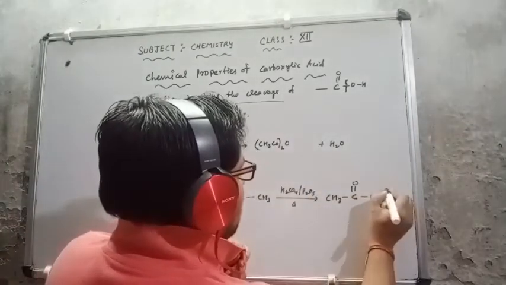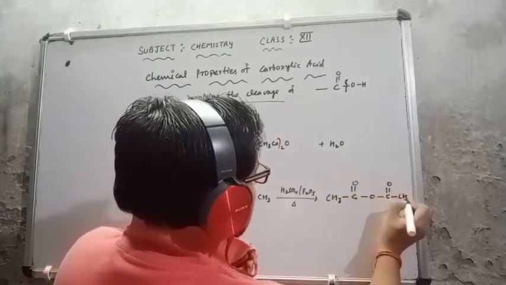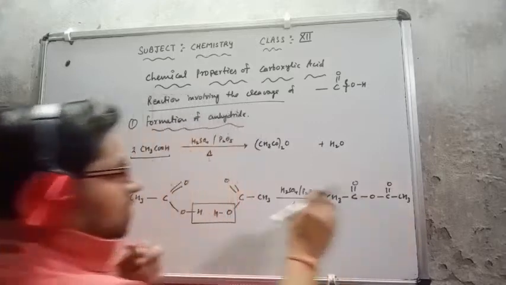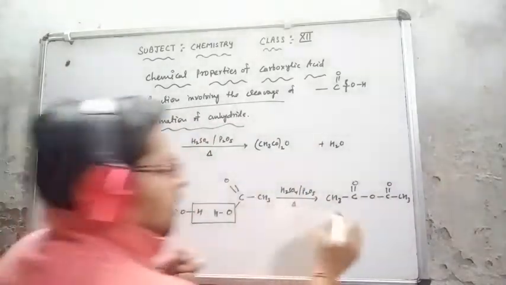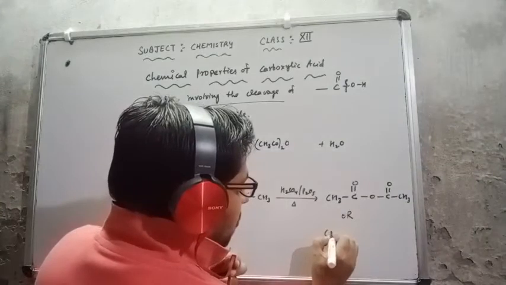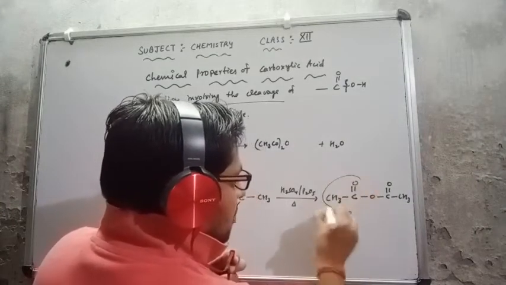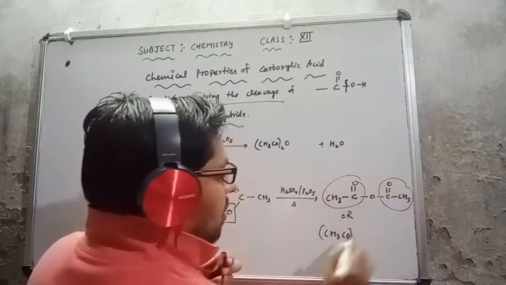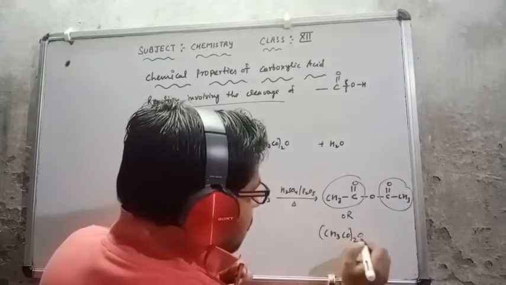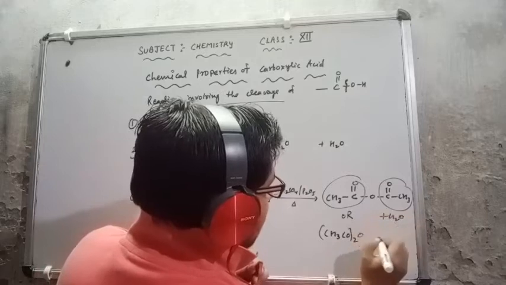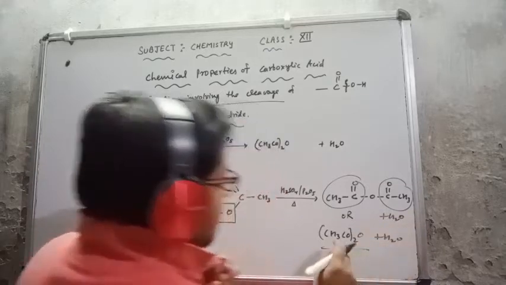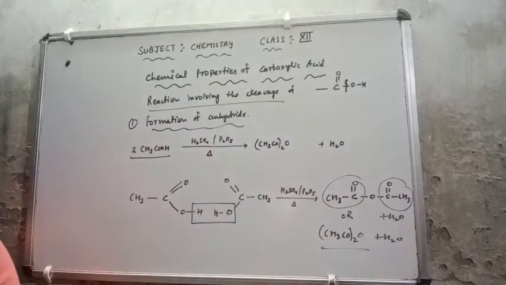This is single bond C, double bond O, single bond CH3. This is acetic anhydride, or I can write it as (CH3CO)2O, CH3CO here, CH3CO here, and this O with the water molecule. So this is the formation of acetic anhydride from carboxylic acid.